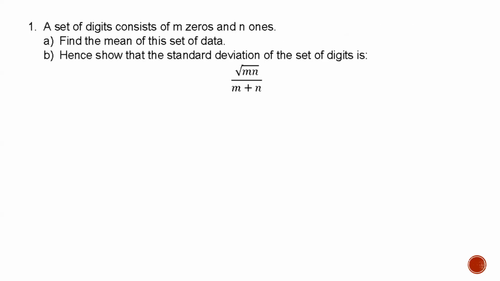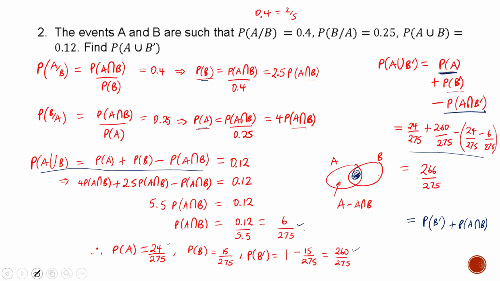Musa is asking how I got A union B complement. Based on this equation, that A union B is A plus B minus A intersection B. Similarly, A union B complement is A plus B complement minus A intersection B complement.